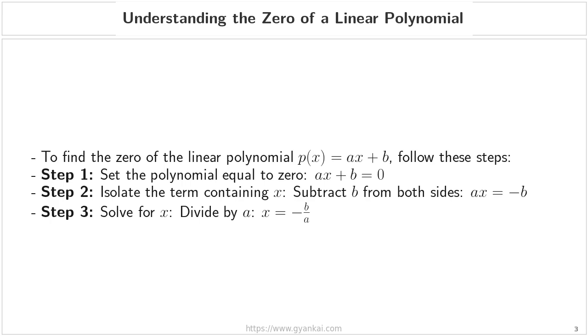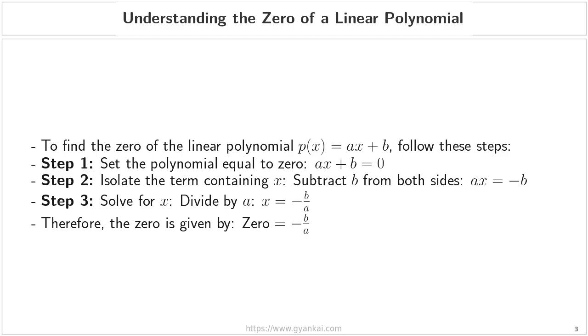This leaves us with x equals negative b over a. So, to wrap it all up, we can conclude that the zero is given by the formula: zero equals negative b over a. Keep this formula in mind, because in the next slide, I am going to show you exactly how to apply this to a concrete mathematical example.